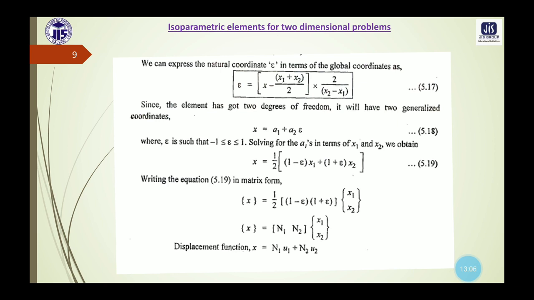Now instead of this half multiplied by the row matrix, we can write a row matrix of n1 n2. Now the displacement function u equals n1 u1 plus n2 u2.